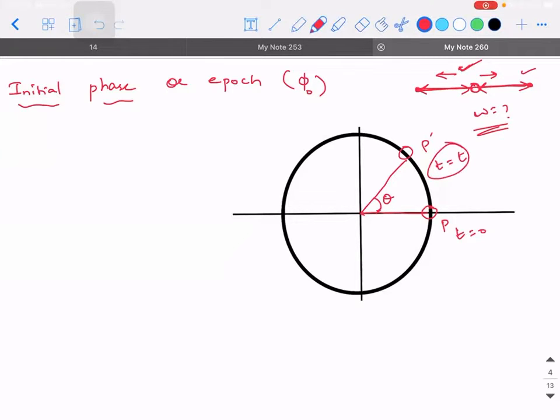Now tell me, t is equal to 0 is considered as the initial point, and I call this OP a position vector or radial vector of radius a. What is the initial angle made by the radius vector with respect to x-axis?